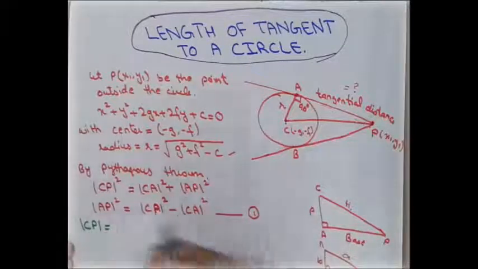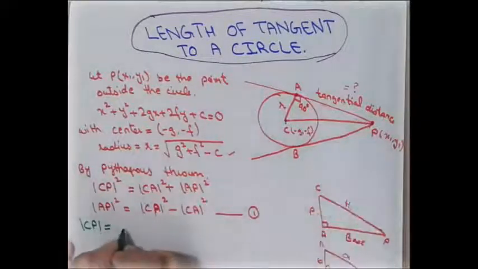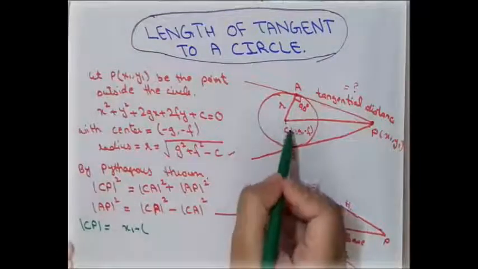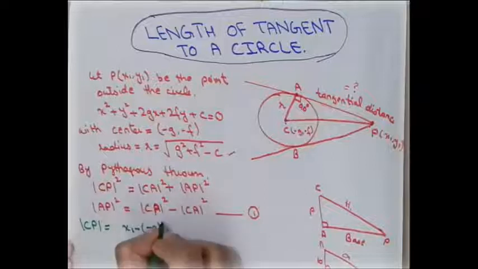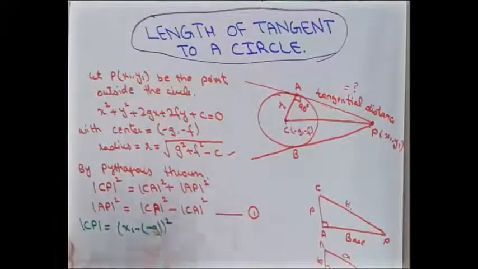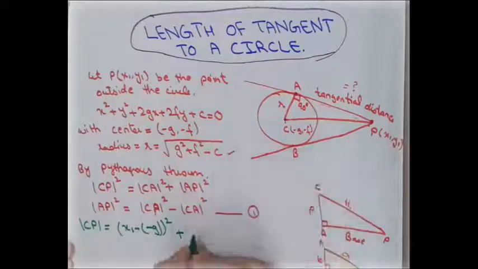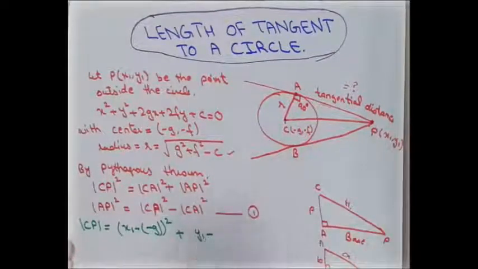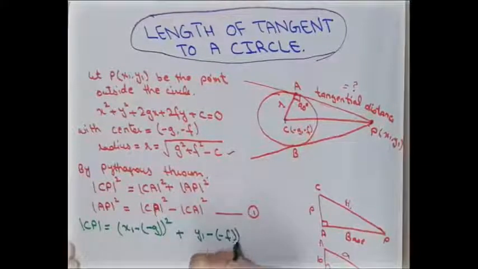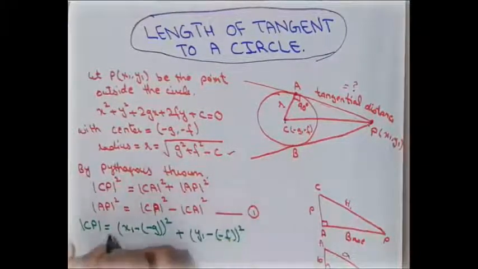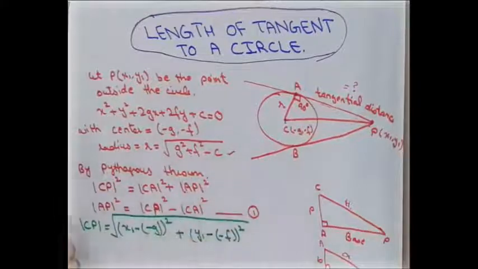So by the distance formula, CP is x1 minus, and for point C it is minus g, with the whole term in square, the sign is plus, then for the y coordinates it will be y1 minus, and here it is minus f, taking a square with a radical sign.